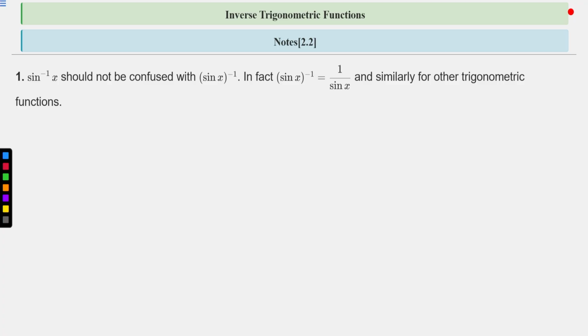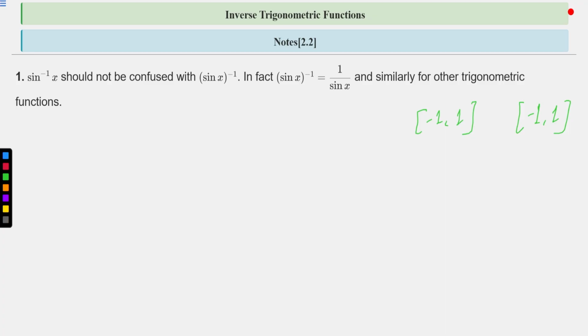Sine inverse x should not be confused with sine x inverse, right? Sine inverse and cos inverse have the same domain, -1 to 1. The domain of cos inverse x and sine inverse x is the same, which is -1 to 1.